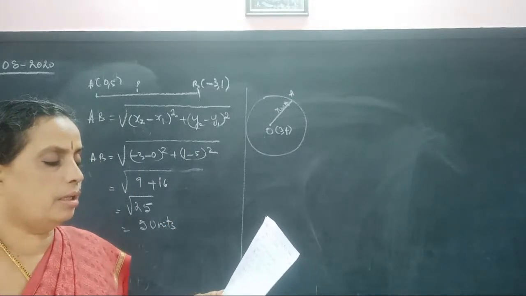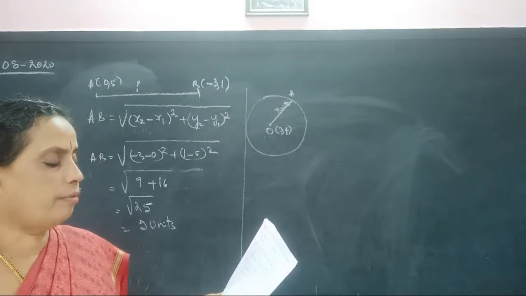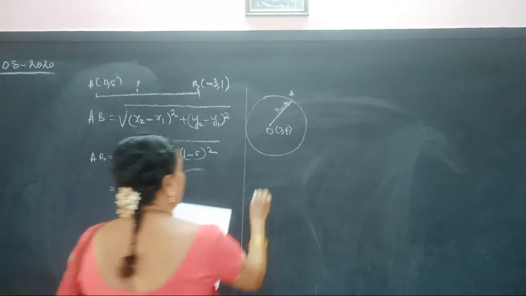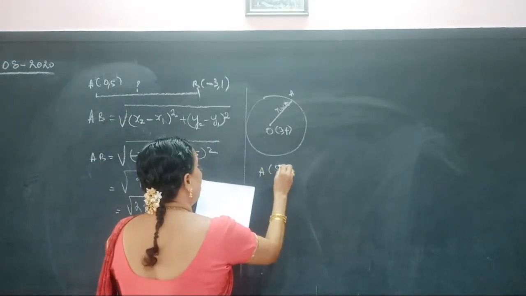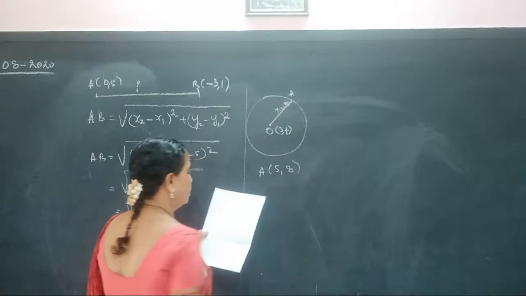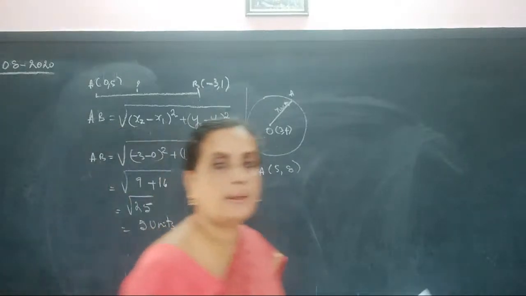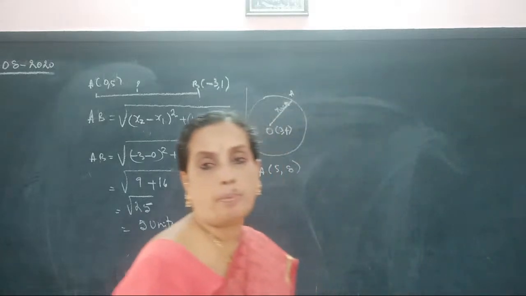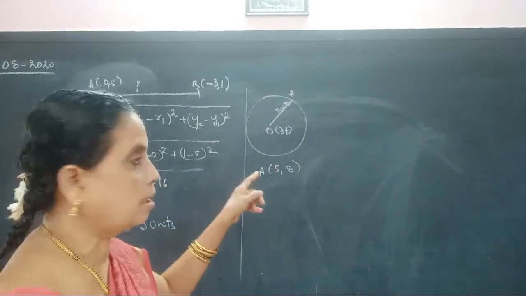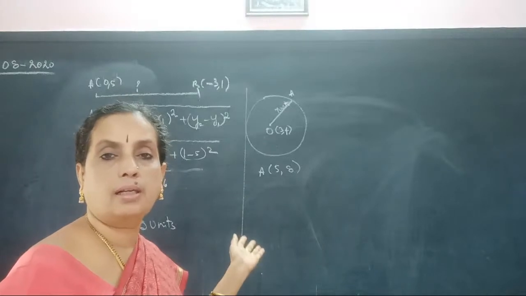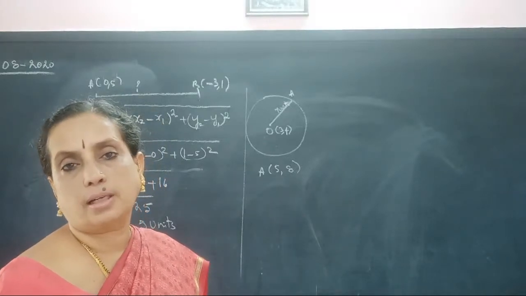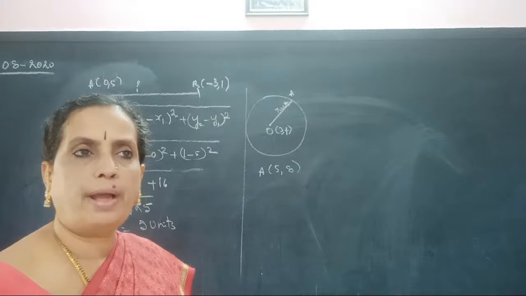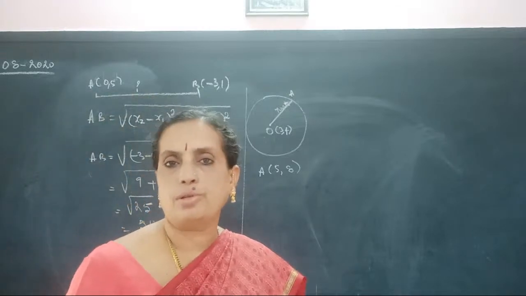Now the question: what is the position of the point A (5, 8) with respect to the circle? So here they are asking whether the point A is on the circle, inside the circle or outside the circle. How will you determine the position of the point is the question.